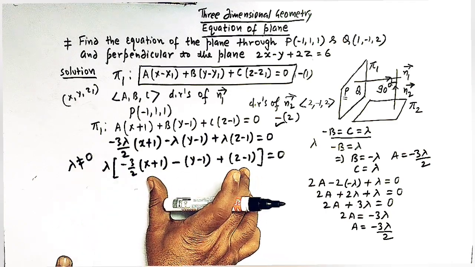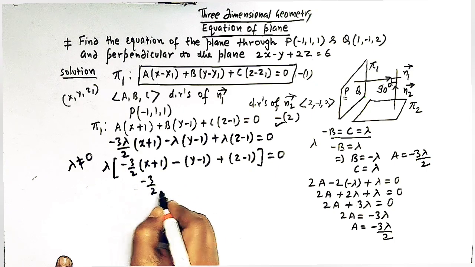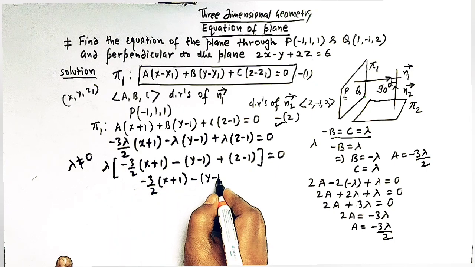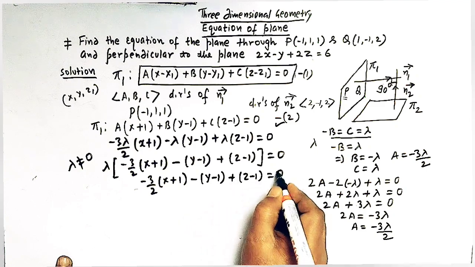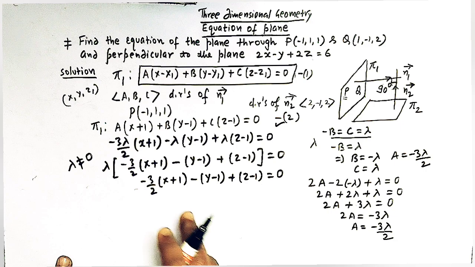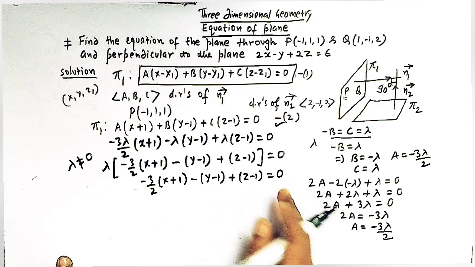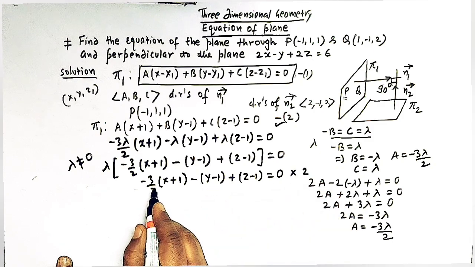So this expression has to be equal to 0. So we have minus 3 by 2 x plus 1, then we have minus y minus 1, and then we have z minus 1 is equal to 0, right? So let us now arrange the terms by multiplying throughout by 2, so that we can easily get rid of this factor 2.